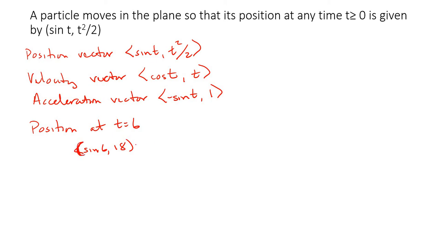We don't write this as a vector because in this case it's at a particular point in time, so it's a particular position on the graph, not a vector for all t. Our velocity at t equals 6 is cos 6 comma 6, and acceleration, you would plug in for that too. So that's not a big deal, just finding our derivatives as we did earlier, with respect to t.